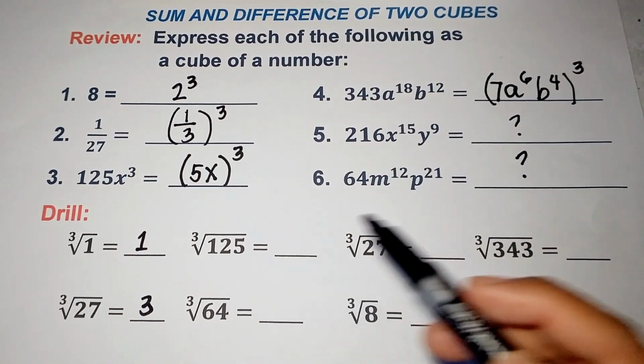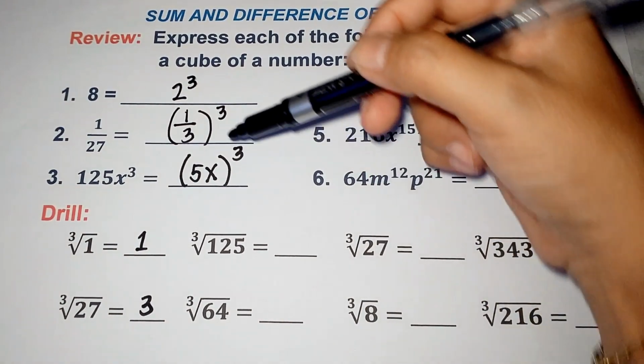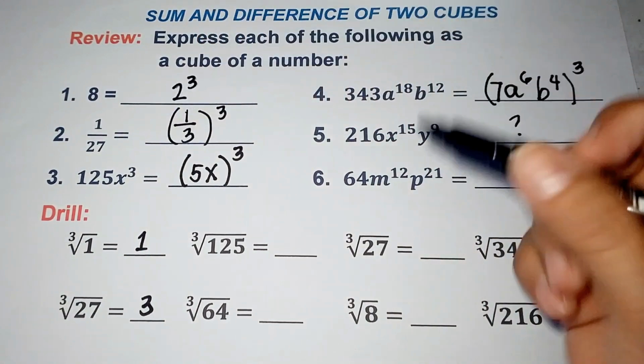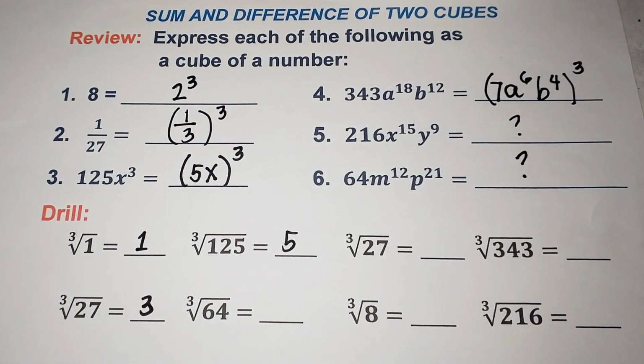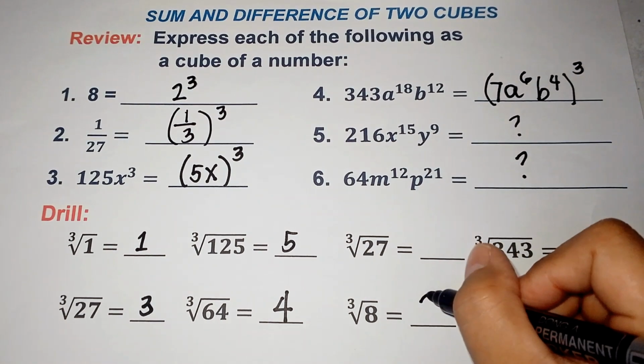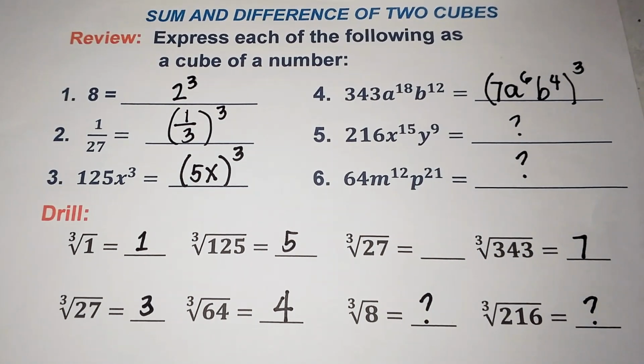The cube root of 125, in connection to number 3 there, is 5. The cube root of 64 is 4. The cube root of 343, we mentioned earlier, is 7. How about this one? And this one?